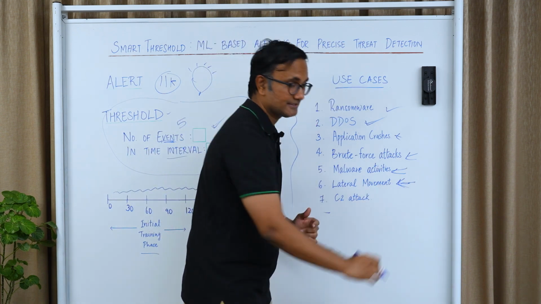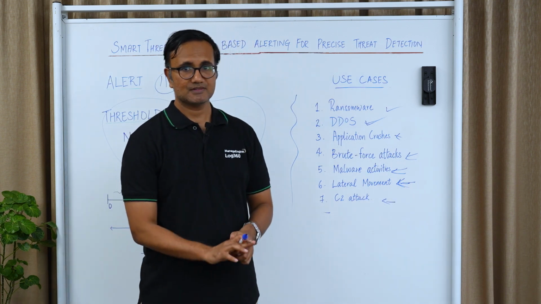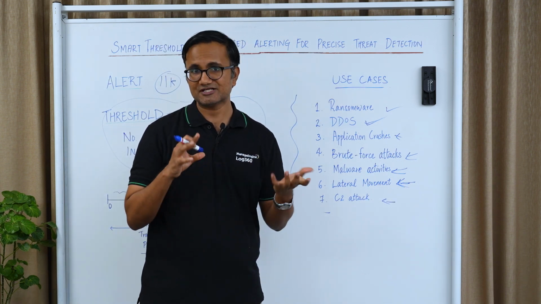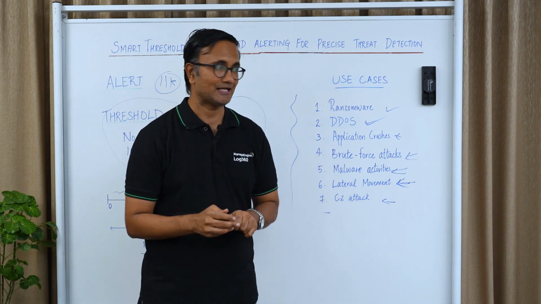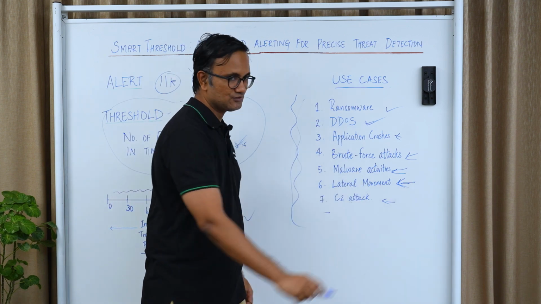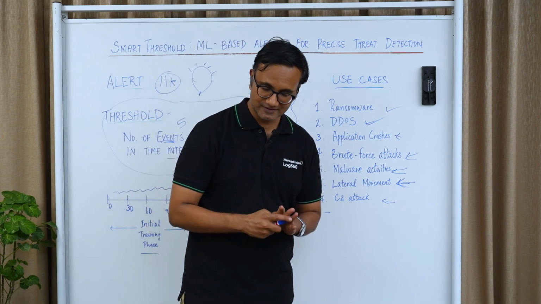That could be a telltale case of a lateral movement. C2 attack. Here you could have a whole lot of connection requests on a particular server. That could be indicative of a C2 attack. So these are some of the use cases that a smart threshold can help a security analyst with.